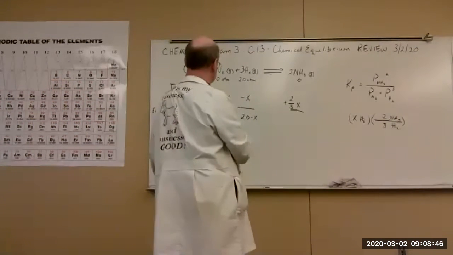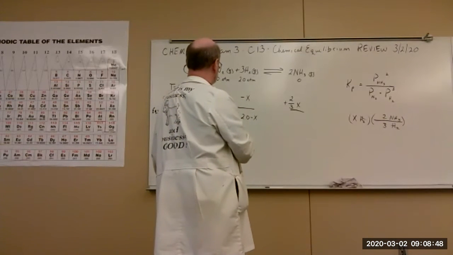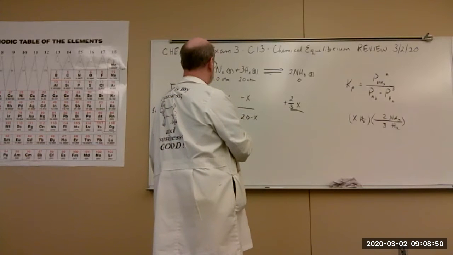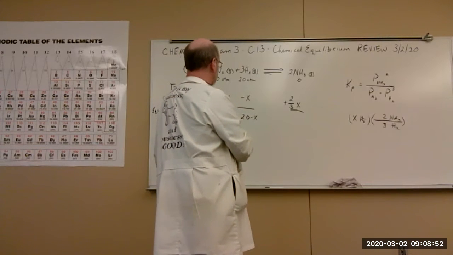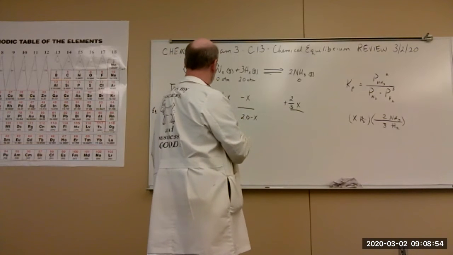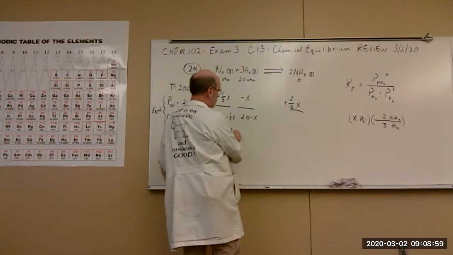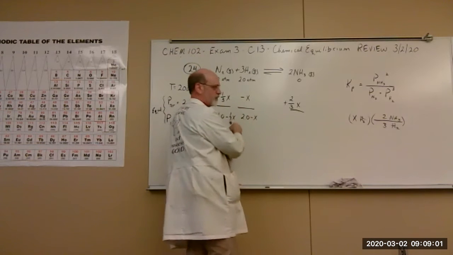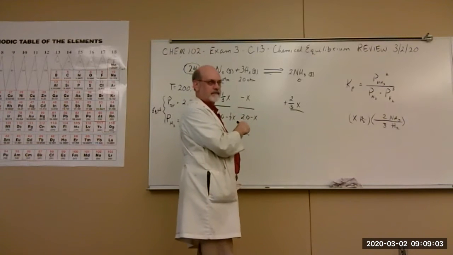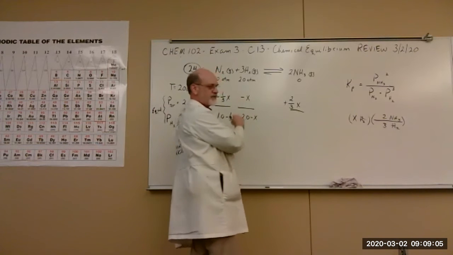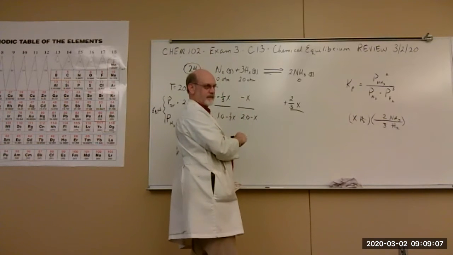You know what? Do you mind if I go back and start over? Because this is our equilibrium concentration right here, so who cares if we multiply it by 3? We're going to have to multiply it by something anyway, and subtract it from something.